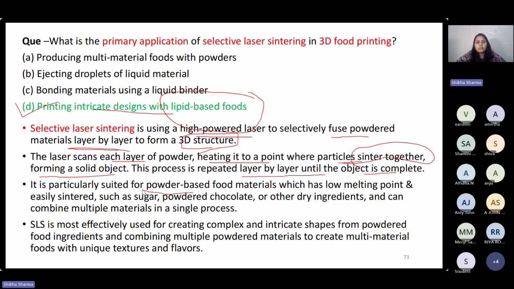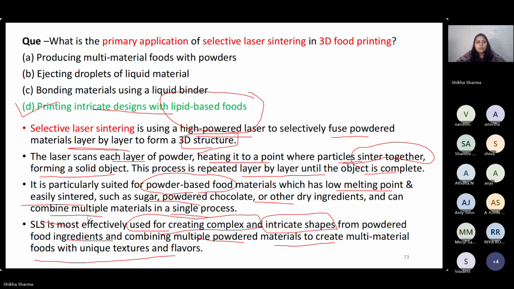It is particularly suited for powder-based food material which has a low melting point and is easily sintered, such as sugars, powdered chocolates or other dry ingredients, and can combine multiple materials in a single process. So this technique is most effectively used for creating complex integrated shapes from powdered food ingredients, combining multiple powder materials to create multi-material foods with unique texture and flavor. The option that it ejects droplets of liquid materials is wrong.